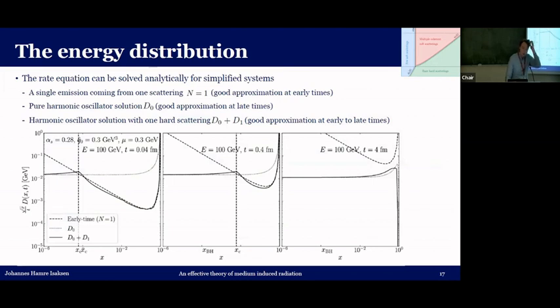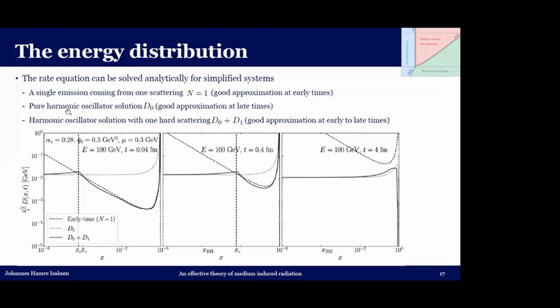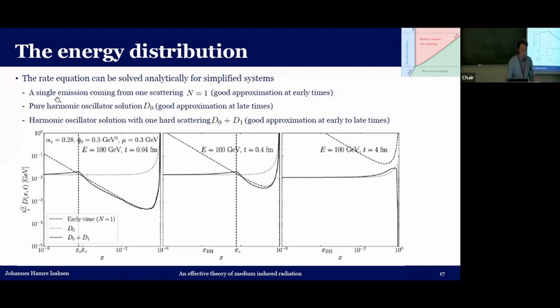We also tried to solve this analytically, and you can do this in a few different ways. The simplest thing to do is you have one single emission basically, and that's it. It works at early times because you don't have time for that many emissions, so you only have time for one basically. And then you have the pure harmonic oscillator solution D0, which you can also solve exactly.